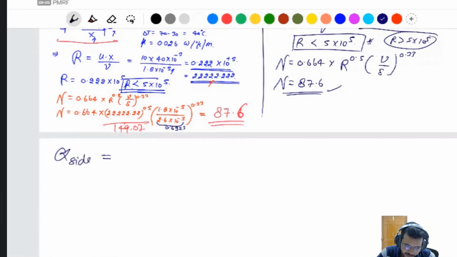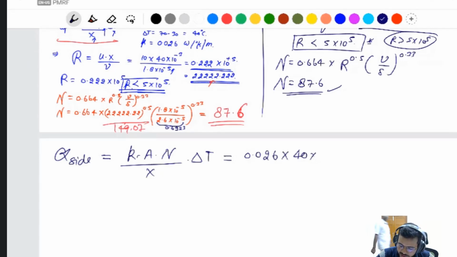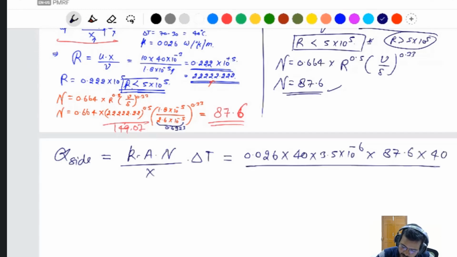The same formula: k A Nusselt number divided by x into delta T. K is the same, 0.026. A is 40 into 3.5. Area will be changed here. Yeah, 40 into 3.5 into 10 to the power minus 6. Nusselt number will be the same, 87.6, into delta T, which will be 40. X will be the same, 40 into 10 to the power minus 3.